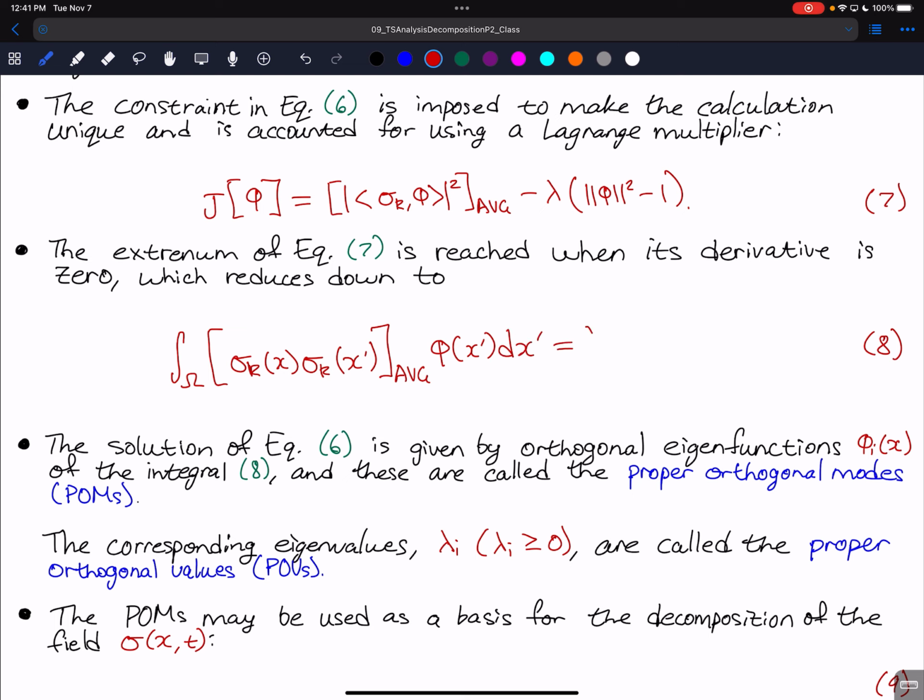This is equal to lambda times phi of x, and this ensemble average term is equivalent to the average autocorrelation function.